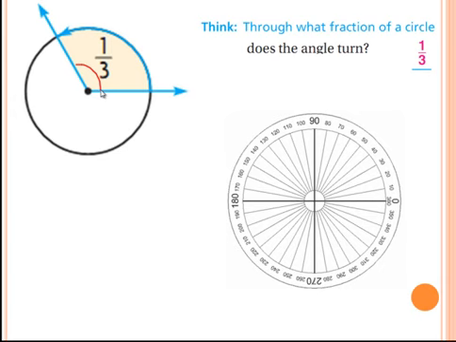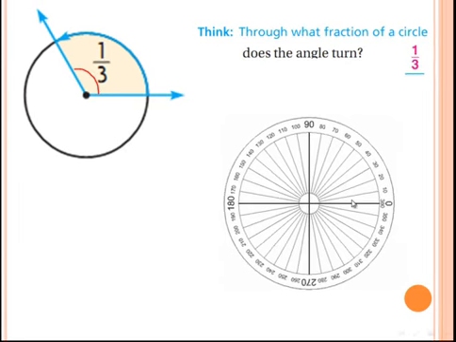Obtuse equals 1/3. If you have good visualizing, you can cut this circle into 3 equal parts like this. This is the first part, and this is the second part.